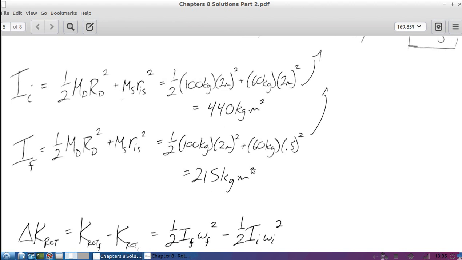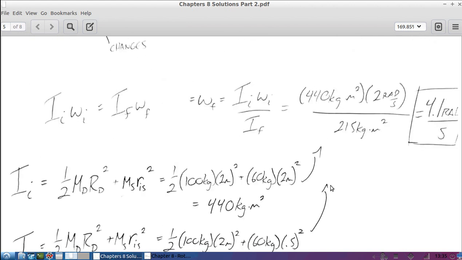So we have a decrease in moment of inertia. We've got a new one, 215 kilogram meters squared. Plug everything in. We've got a new angular velocity, which is larger than the initial angular velocity. That's good. Again, that's what we're expecting.